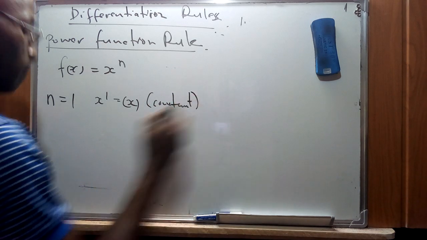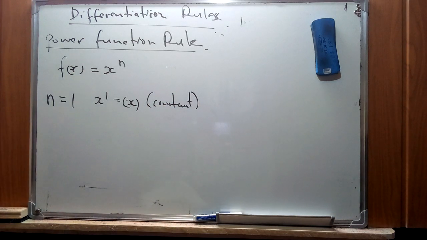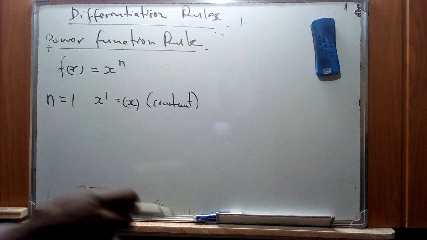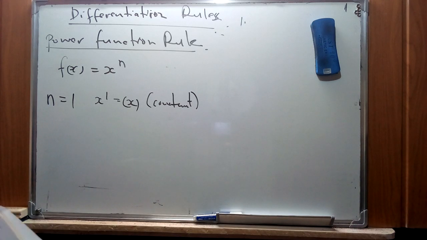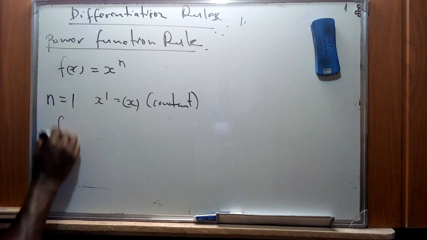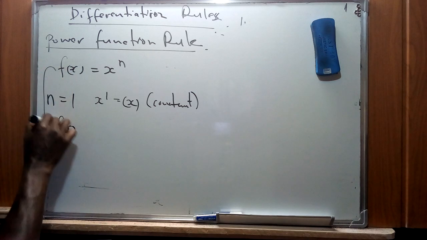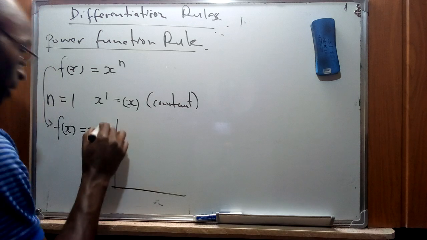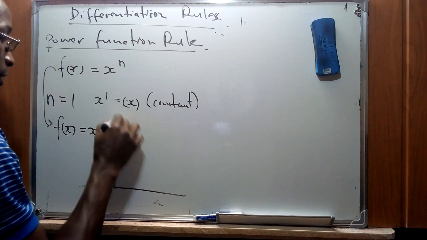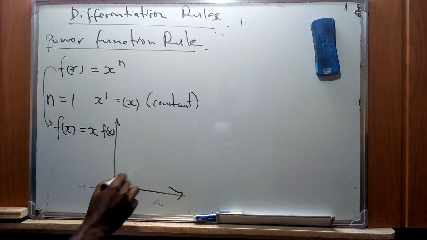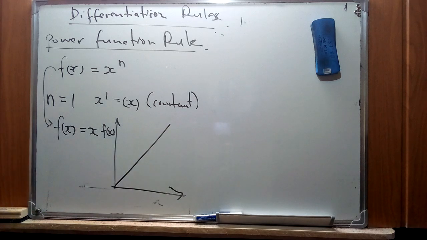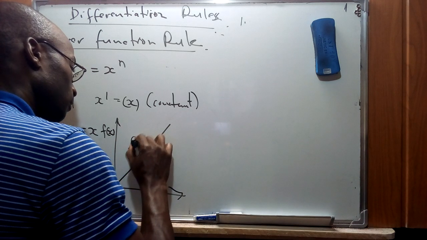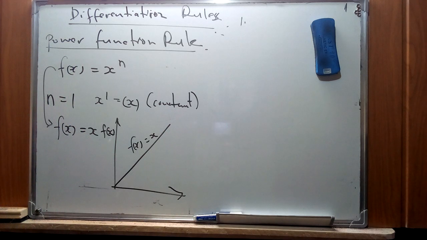And if we try to give a graphical representation for this kind of a function for that condition, then we are going to have a function, for example, being represented as f(x) equals x. The graph for that specific function of f(x) against x will just be a constant, which is f(x) equals x.